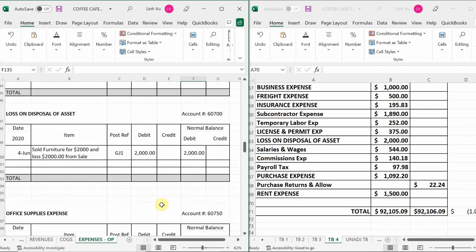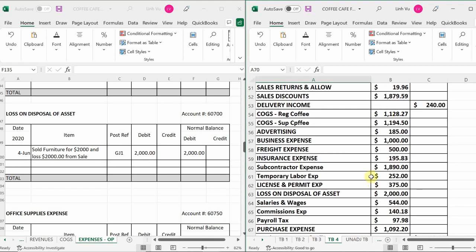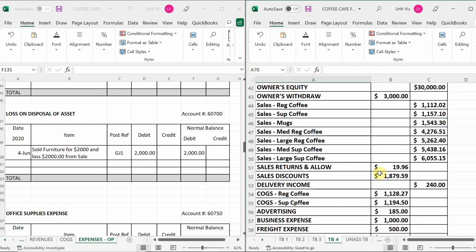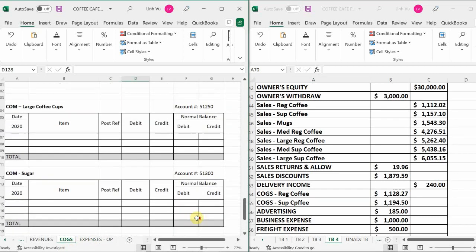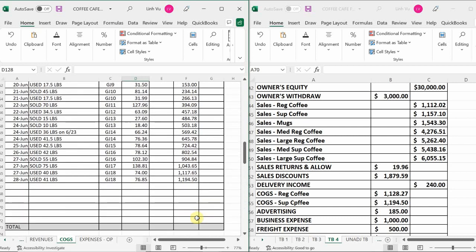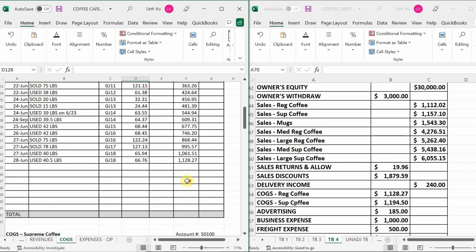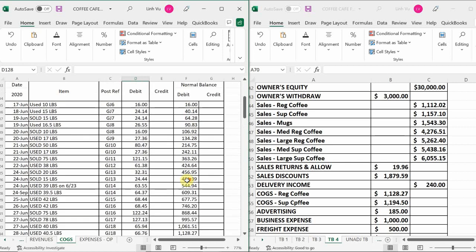I feel like it's in my sales. 2,000. All of this I haven't touched yet. $11.94.50. 11.28.27.